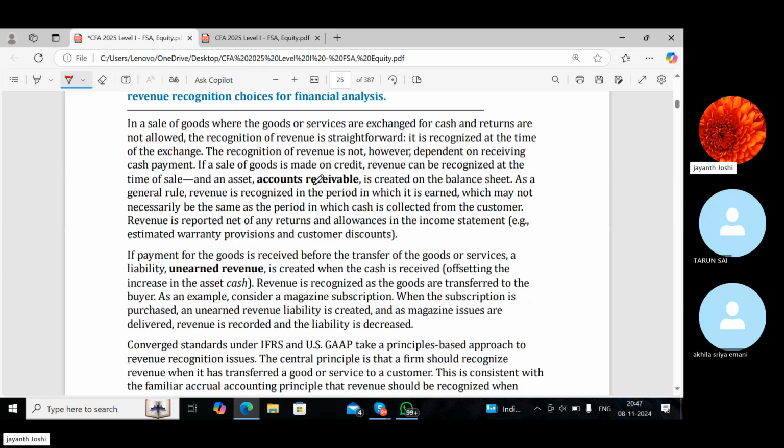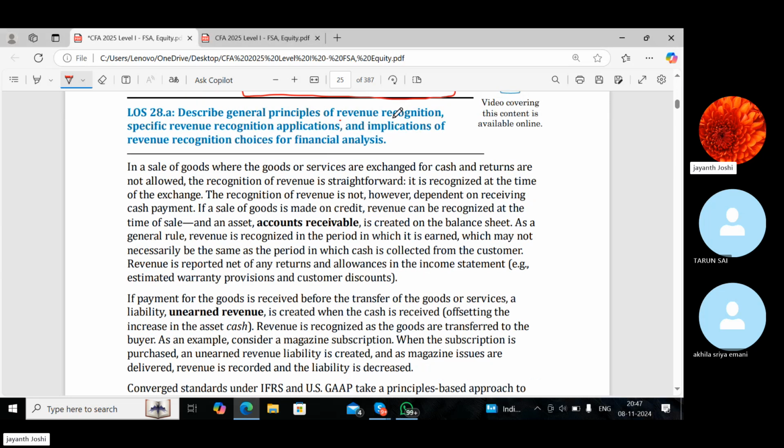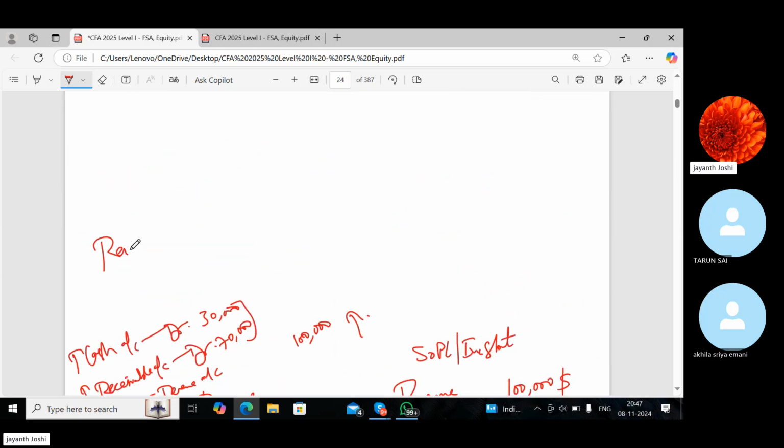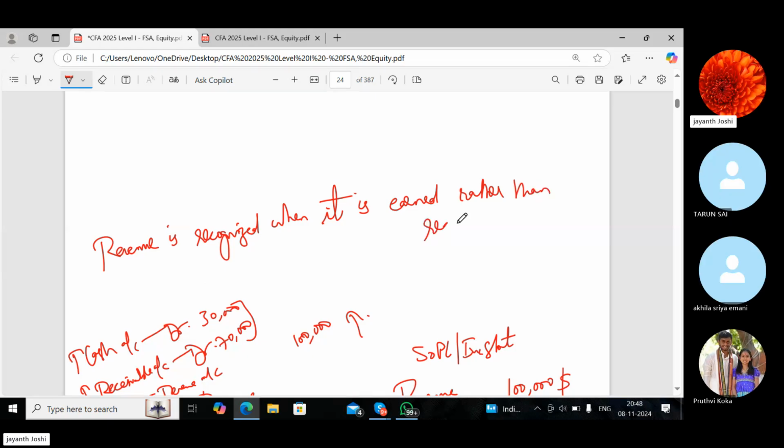So the first point is done. Now, the first question is to describe the general principles of revenue recognition. So I'll write some points here. Revenue is recognized when it is earned rather than received.